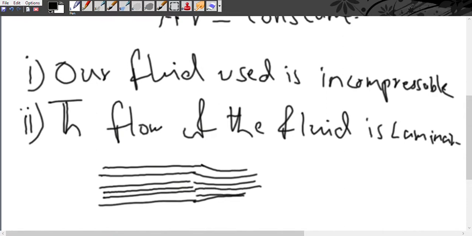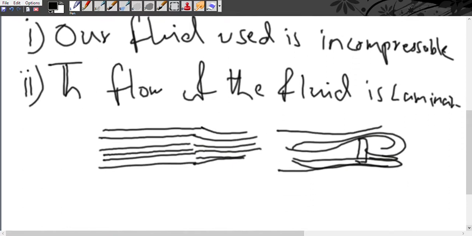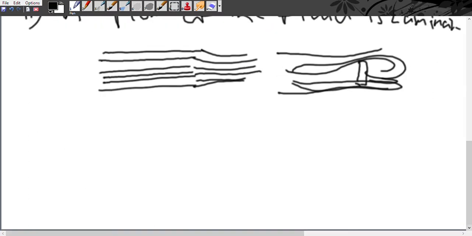And the turbulent flow is not a smooth flow, it's a disturbing flow. For example, if a pipe is closed by some blocking, the flow of the liquid becomes turbulent. I'm showing a rough diagram. My drawing is not very good, so I'm sorry.